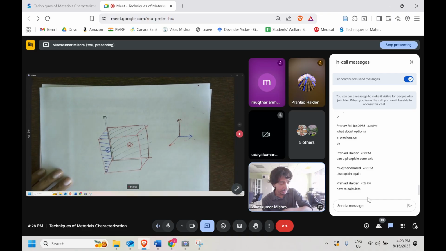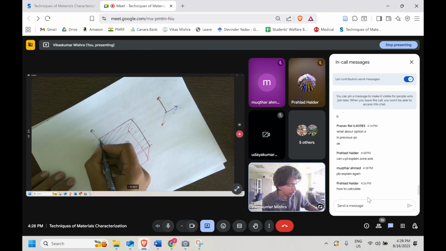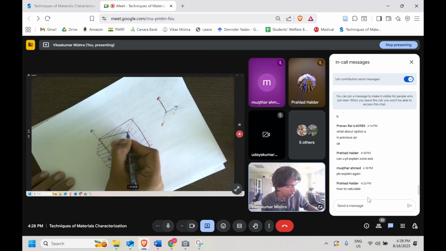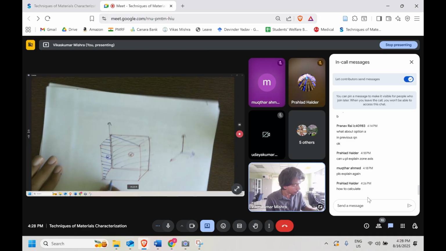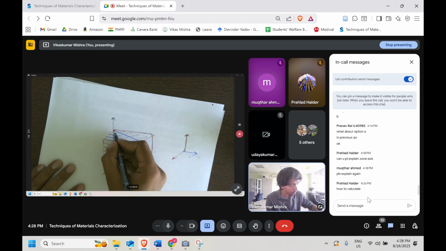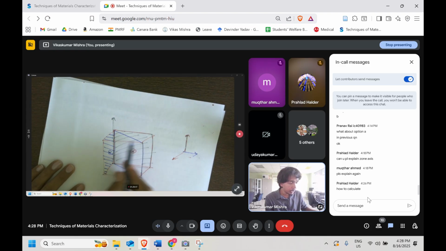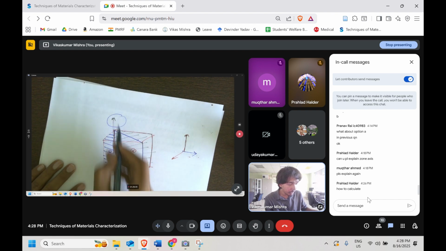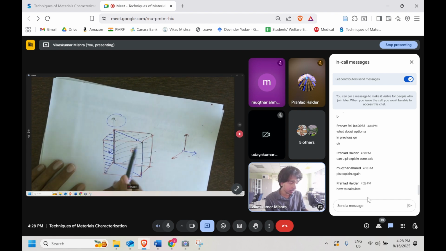Also, you can say, let's say I took this particular plane. This particular direction is again perpendicular to these particular directions. It's normal to this direction.